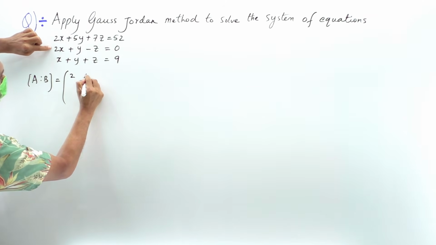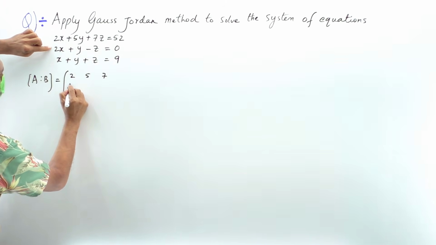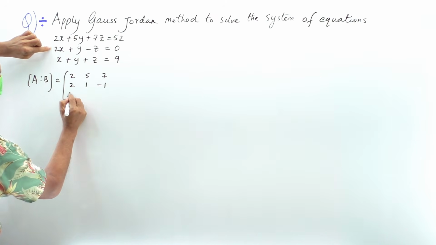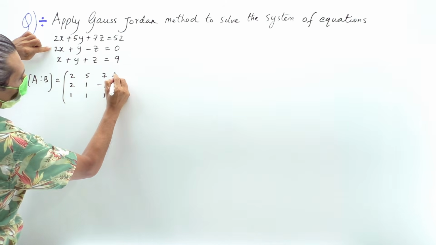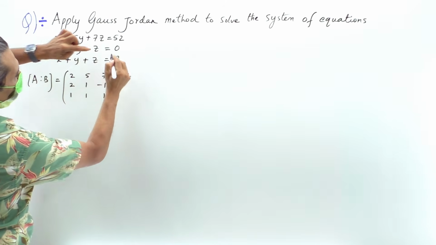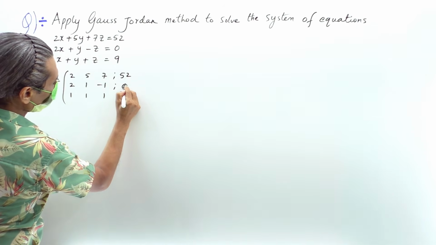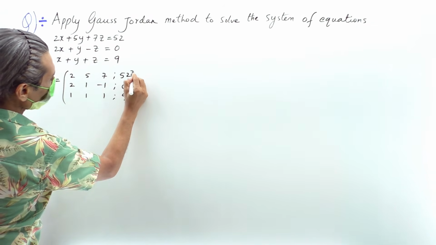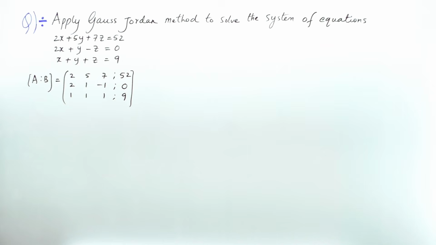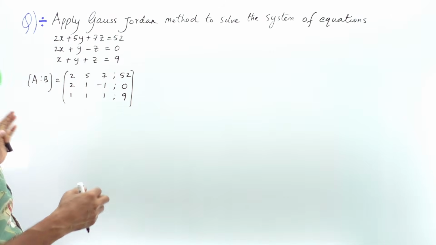The matrix here is 2, 5, 7, 2, 1, minus 1, 1, 1, 1. I'll add extra to it, that is the constants 52, 0 and 9. This is called the augmented matrix.